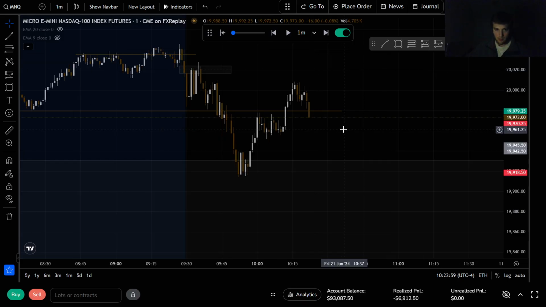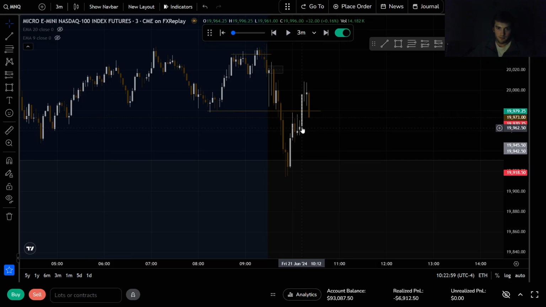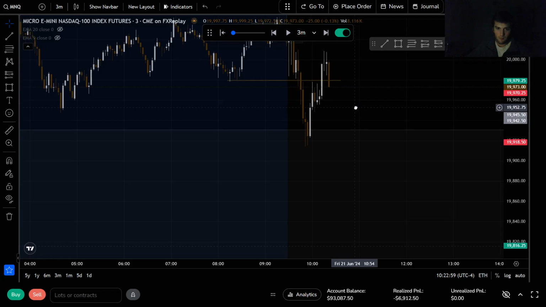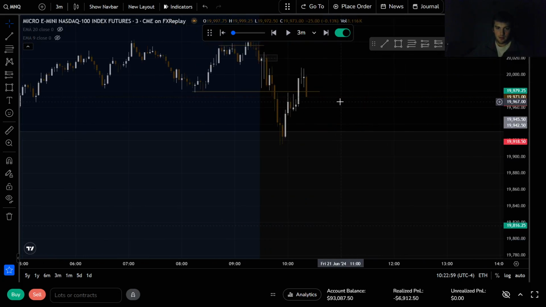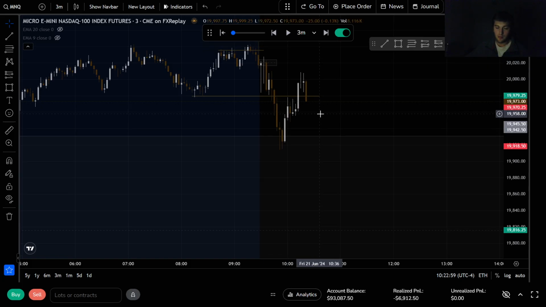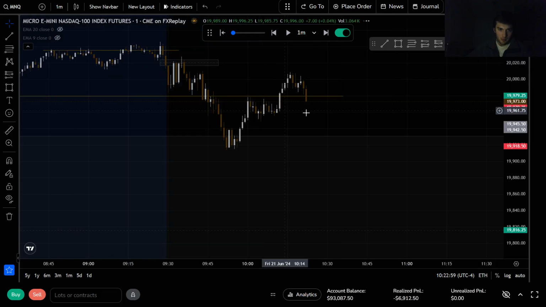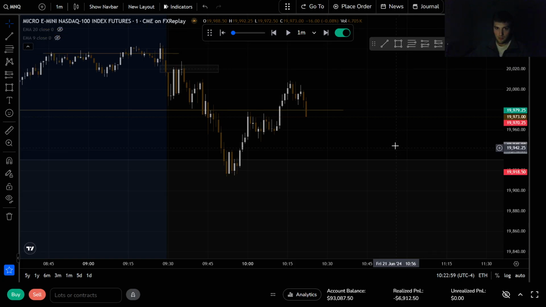So now we have closed below the range again. Let's look on the 3-minute. This is more key manipulation. Since it is a Friday, I do not think that we're going to go down another 156 or 150 to 160 point move. So let's see what happens from here.